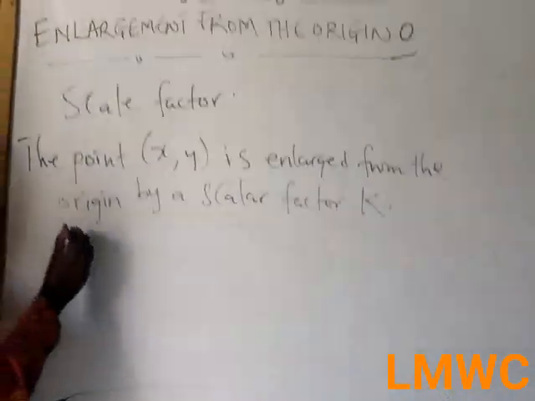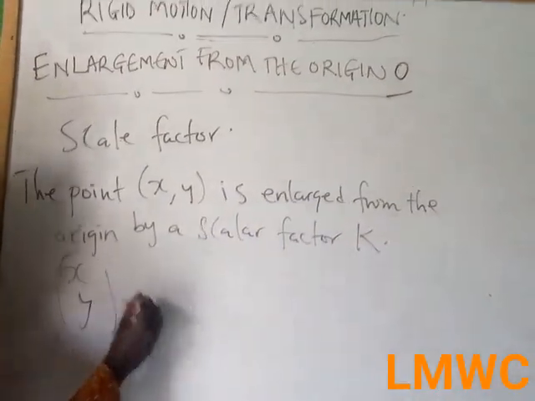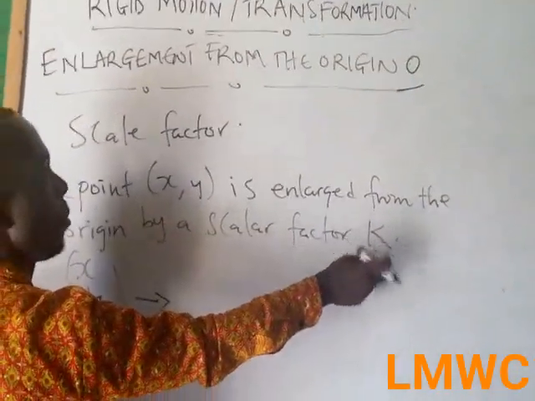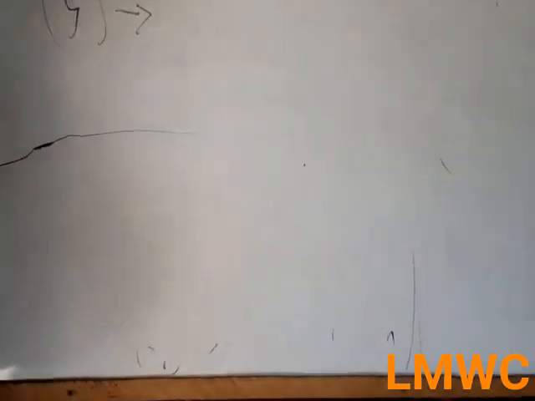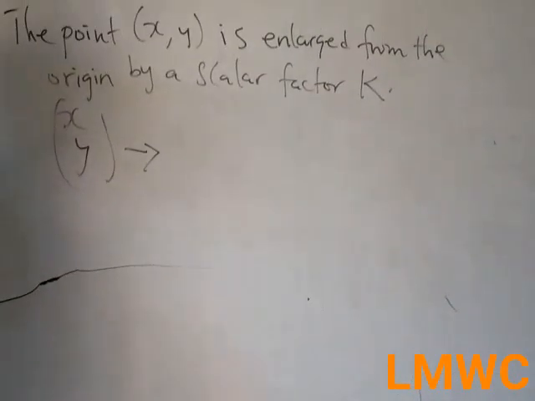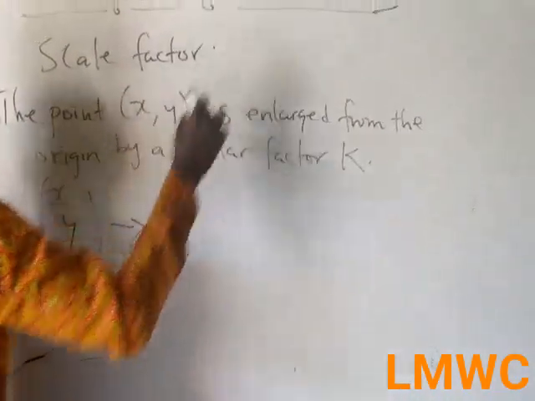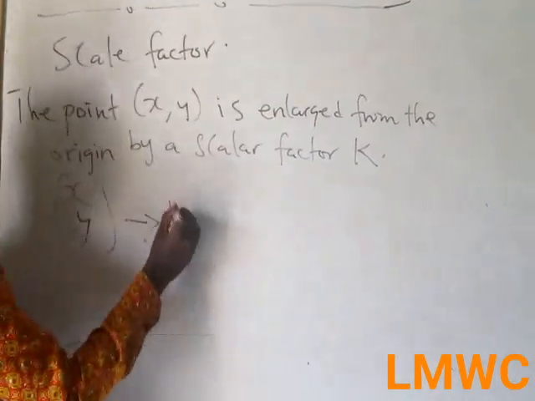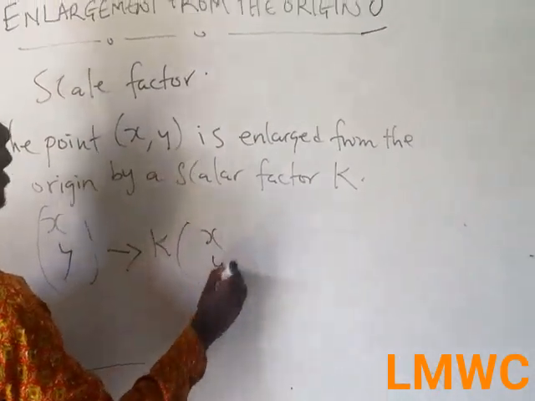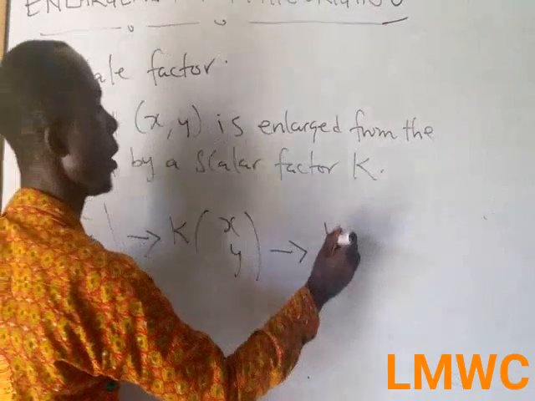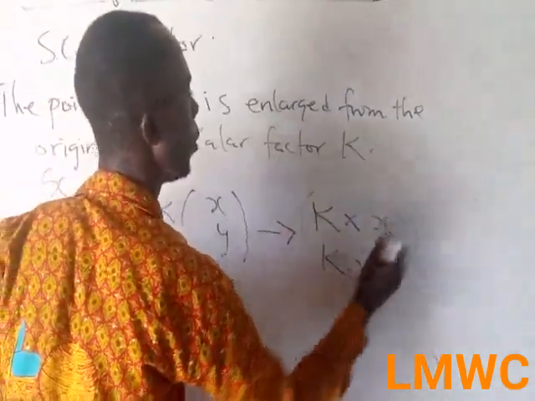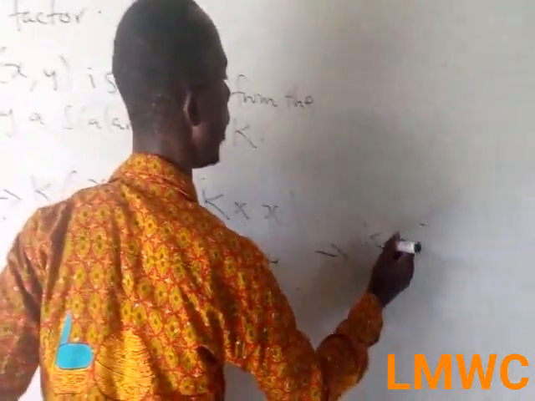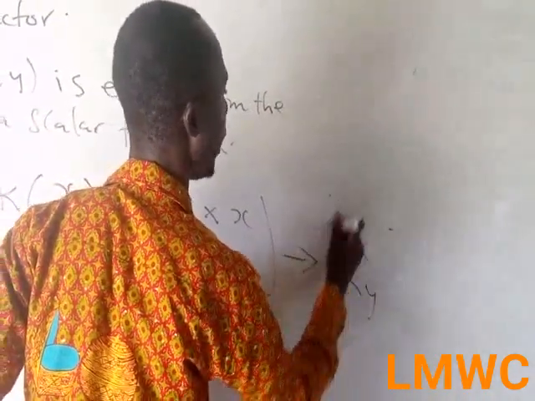This is what you do. So (x, y) maps to this scalar factor, which is a number. But now I want to use variables or letters to illustrate it. This variable will multiply the coordinates, so it becomes k(x, y), which is the same as (kx, ky).